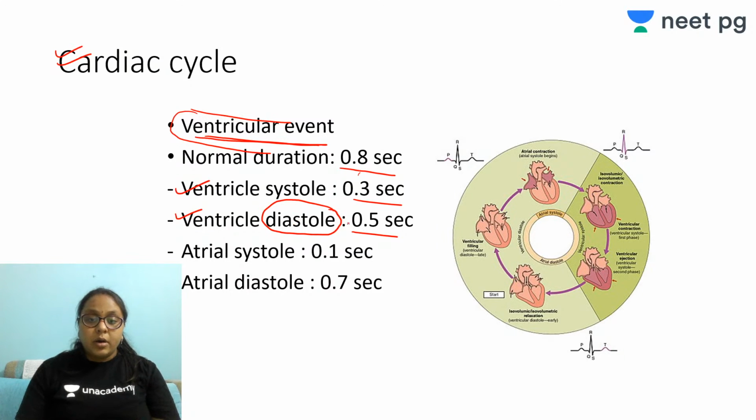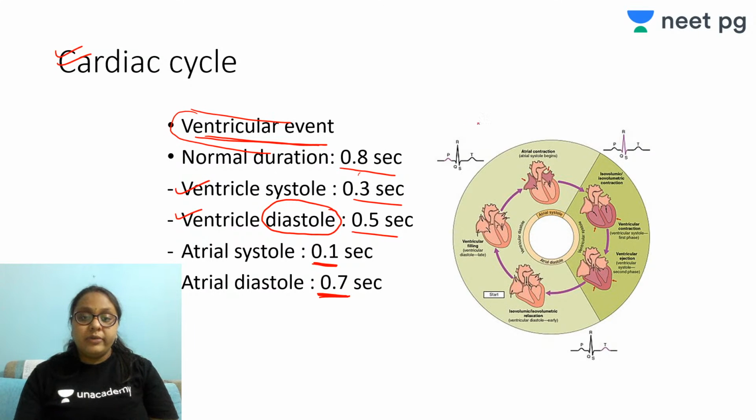So 0.5 and 0.3 second, that is the cardiac cycle, 0.8 second. If we see in terms of the atria, the atrial systole is only 0.1 second and diastole is 0.7 second. So this is how the cardiac cycle is normally divided.